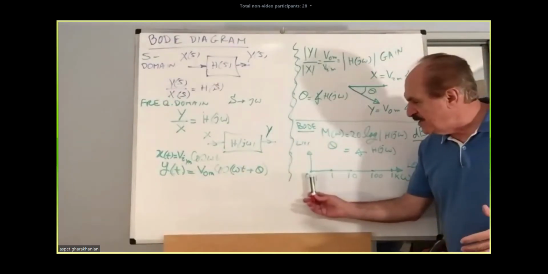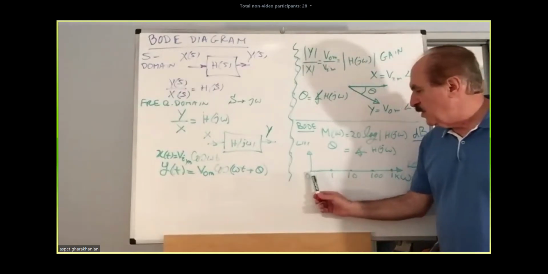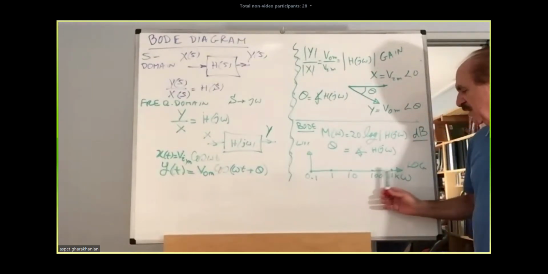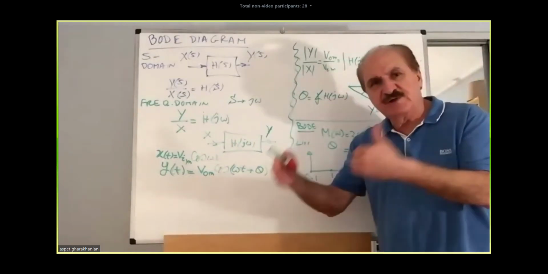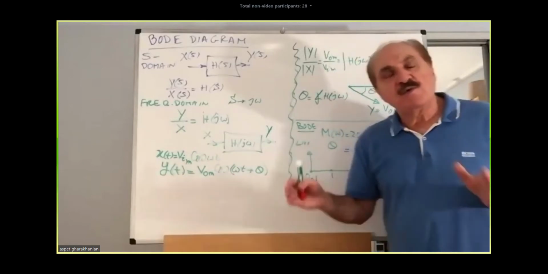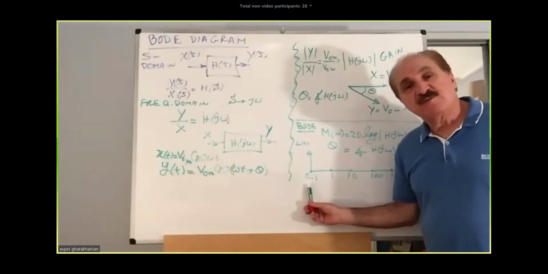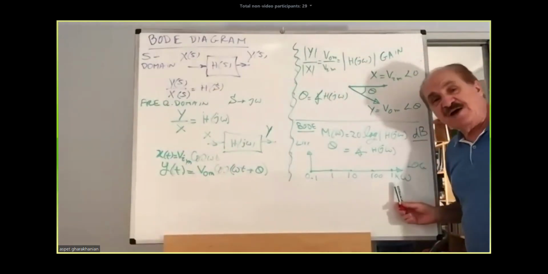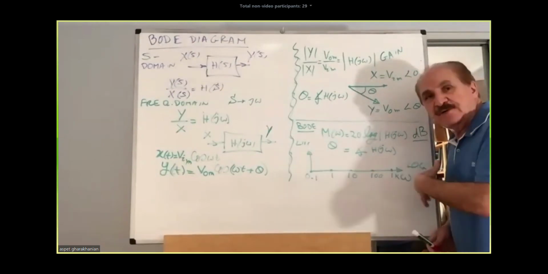So we will be able to accommodate with only 4 cycles, 4 units, or 4 squares, from 0.1 radian per second all the way to 1,000 radian per second. That is a 10,000 to 1 ratio.